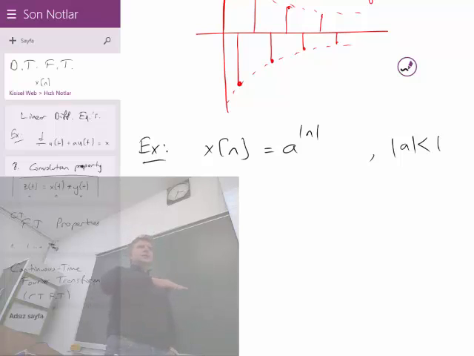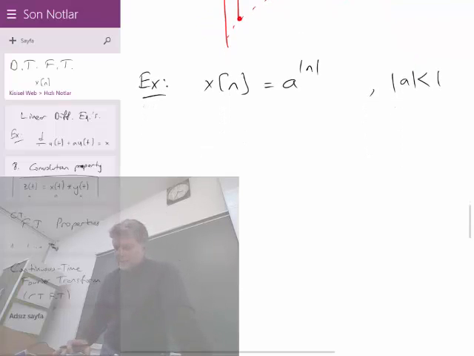So the shape is not a jump and then a decay, but it decays at two sides. It's increasing to 1 and then decreasing again back to 0. Decays at both sides. That's A to the power absolute value of n. What is the Fourier transform of this?